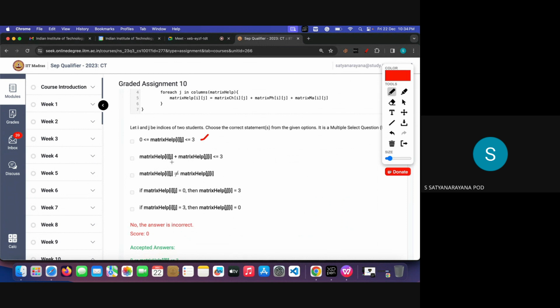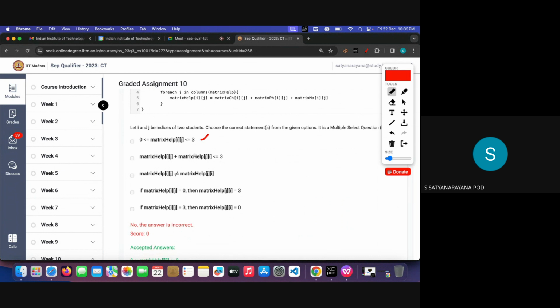Look here. I plus J means the ith student helping the jth student, and the jth student is helping the ith student. So is the sum less than or equal to 3 anytime? Sometimes it may be, sometimes it may not be. We are not sure it is less than or equal to 3.